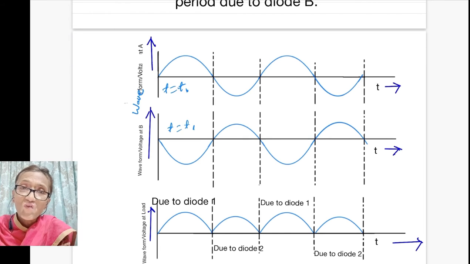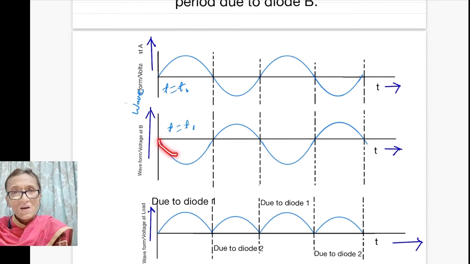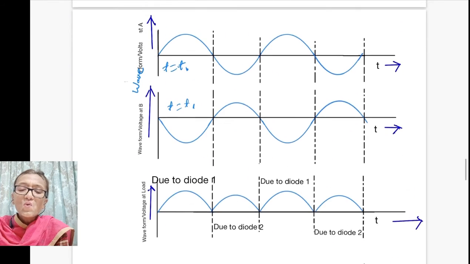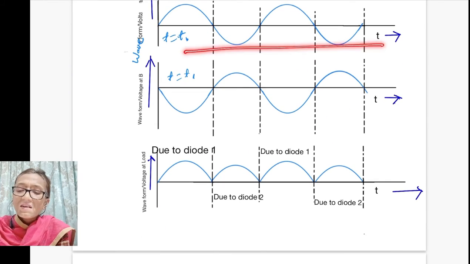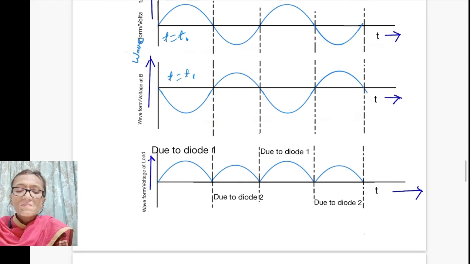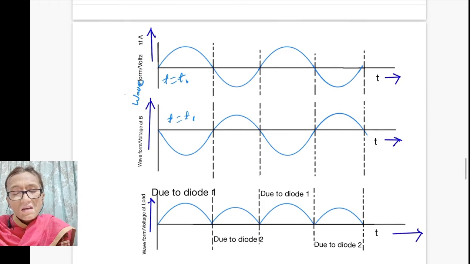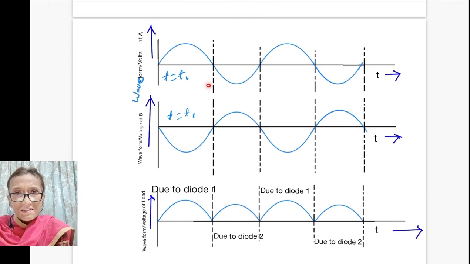There will be a phase difference of 180 degrees and you can see the voltage is along the negative direction. So these are the two waveforms at a given time in your secondary circuit at point A and at point B.